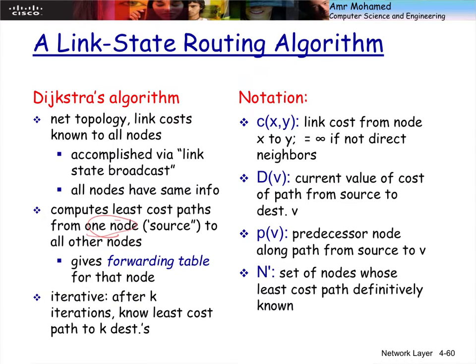And we will see one advantage of Dijkstra's algorithm is that we know the number of iterations needed, which is k, such that k is actually the number of nodes, the number of destinations I need to get to. Okay? So we have a deterministic number of iterations. We know the number of iterations.